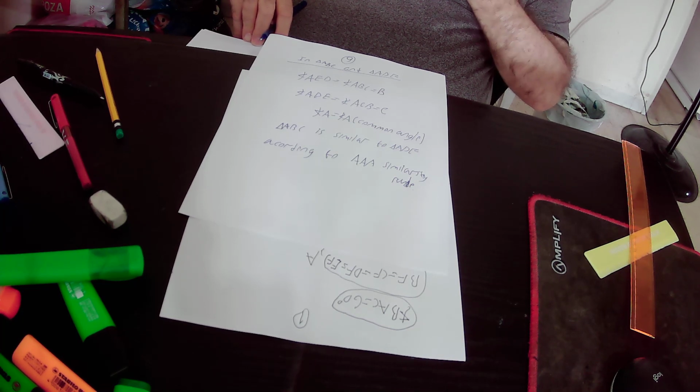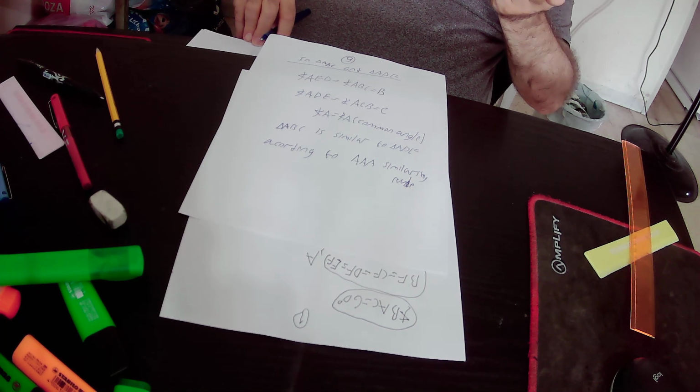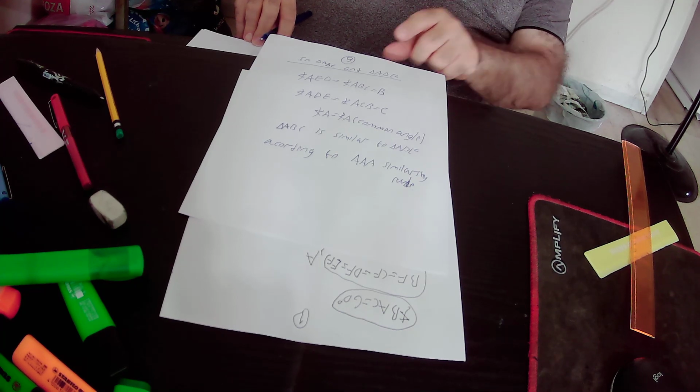Angle similarity rule states that if all the angles in one triangle are equal to all the angles of the other triangle, then those two triangles are similar to each other.